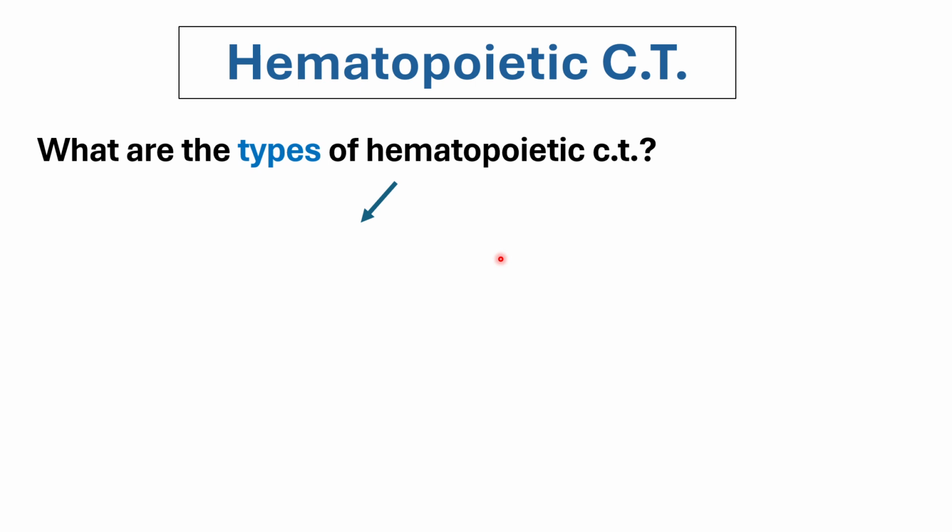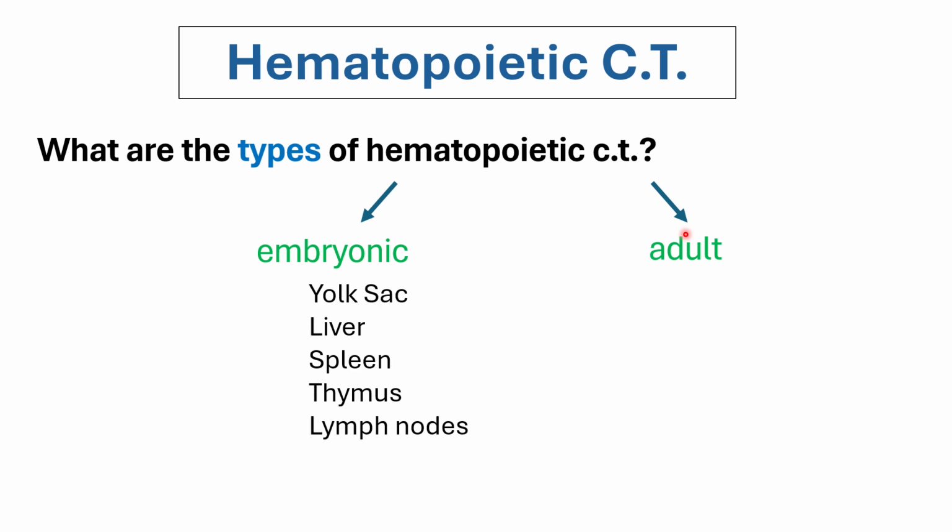So, what are the types of hematopoietic connective tissue? We have two: the ones that you will see in the embryonic stage of the animal and the ones that you would see in the adult stage. For the embryonic stage, you would have these different areas, and it's actually listed from the area where there is the most hematopoiesis or production of blood, from the youngest or earliest stages until the late stages of the embryo.